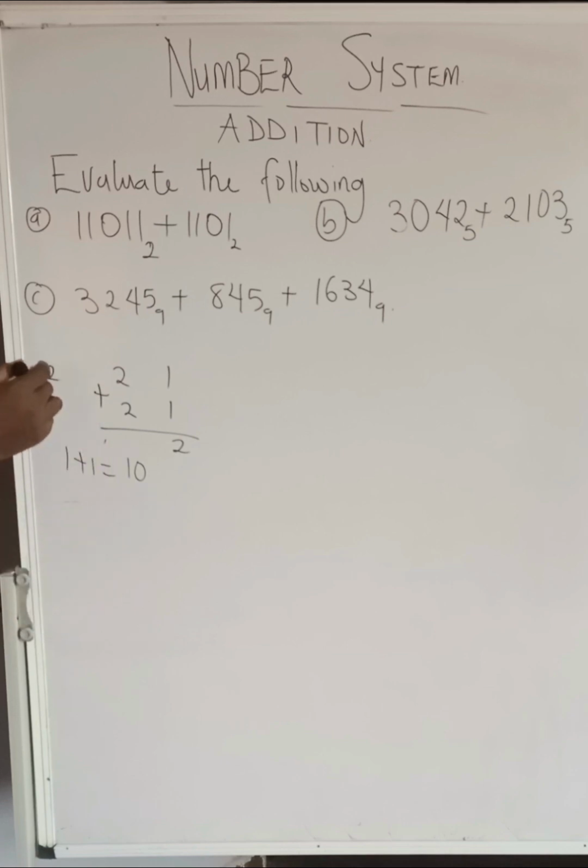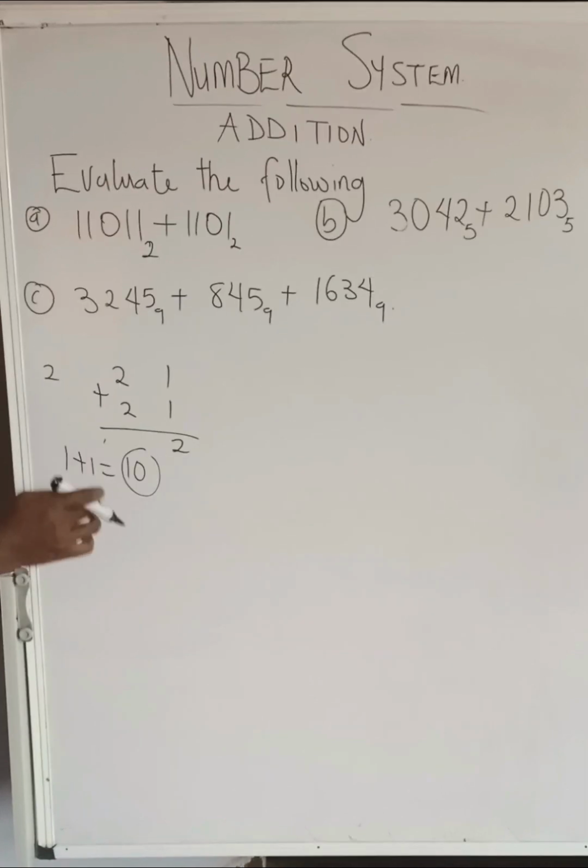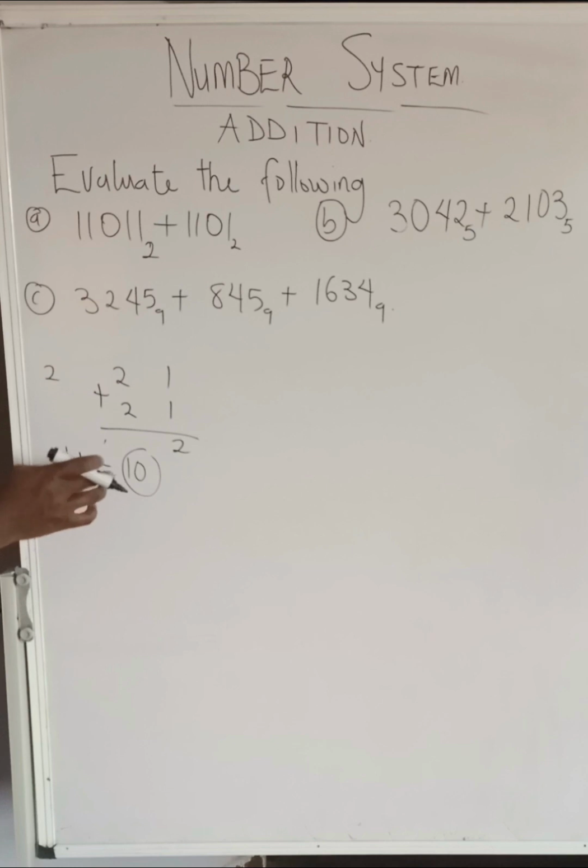Right? So now, how do we arrive at 10 in binary form when we add 1 plus 1? You have 1 plus 1 which is equal to 2 in base 10.